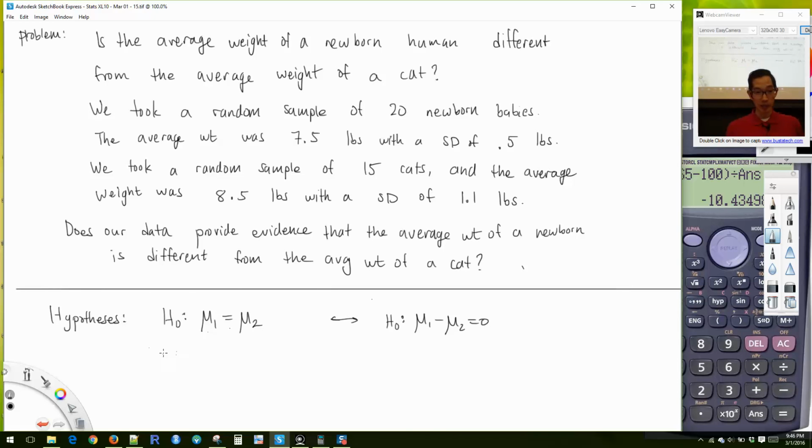The alternative hypothesis is going to be what? The key word is whether it is different here, so we're going to have mu1 not equal to mu2. So the null says the mean weight of newborns and cats are the same, and the alternative says, nope, the mean weight of newborns and the mean weight of cats are different numbers, okay?